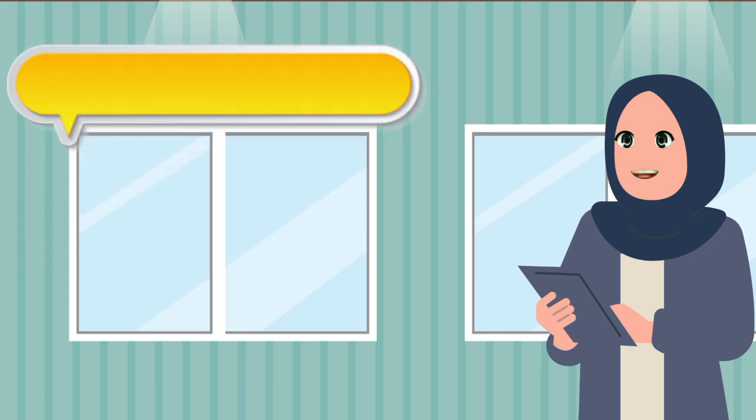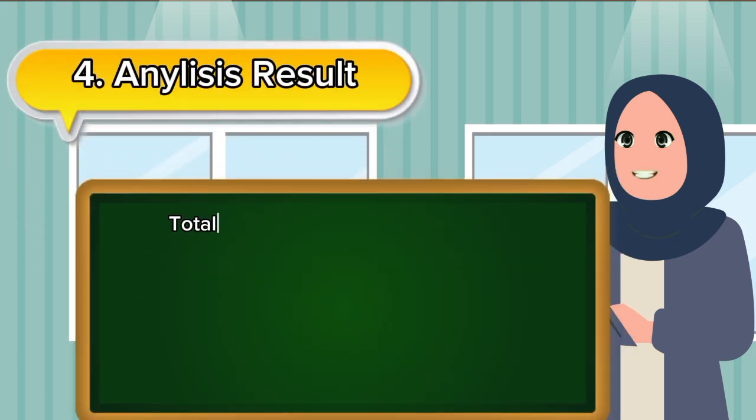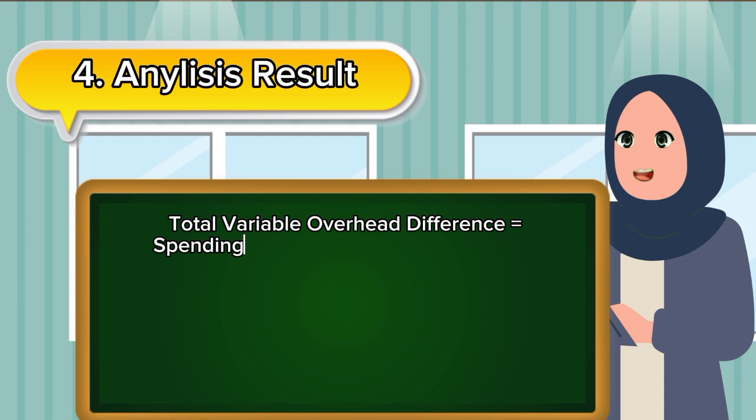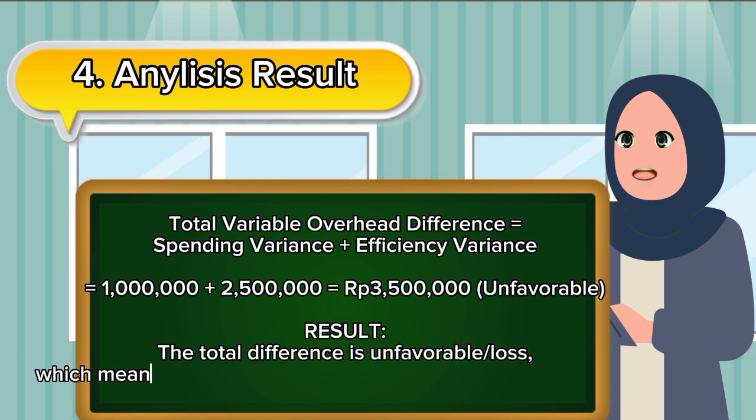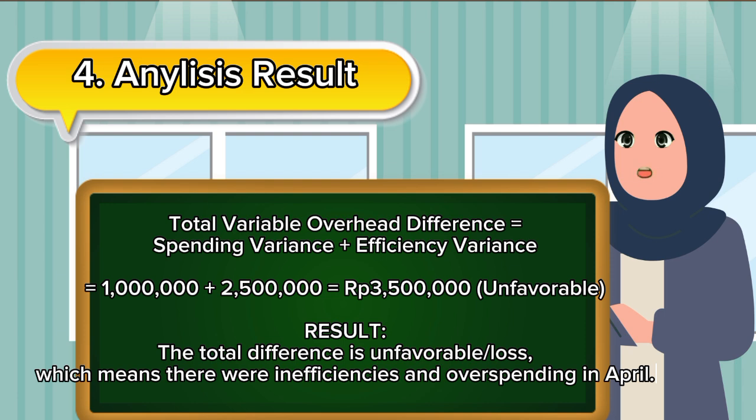And the last step is analyze result. Total variable overhead difference, spending variance plus efficiency variance is 3,050,000, and this is unfavorable. The total difference is an unfavorable loss, which means there are inefficiencies and overspending in April.